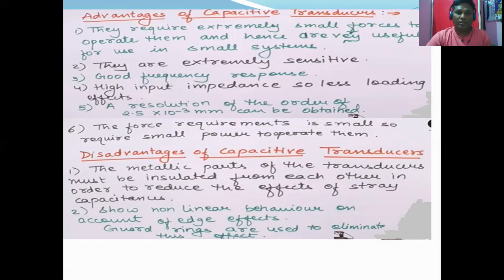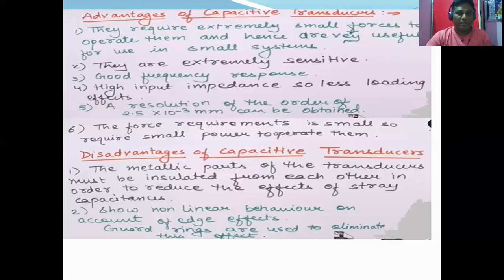The last one is that the force requirement is small, so they require small power to operate. So capacitive transducers use a small amount of power, and the force is also not heavy on the device or in the instrumentation.